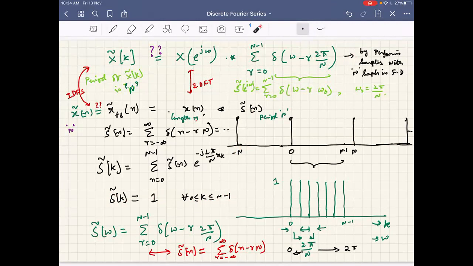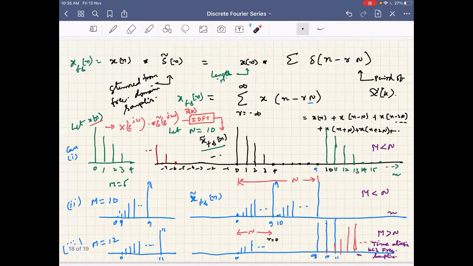So now substituting this here, you can see that this becomes the convolution with this. So it is a shifted version at n minus rN, right? And this is x tilde of n. That means, if you do frequency sampling of the Fourier transform of x of n, what will happen?